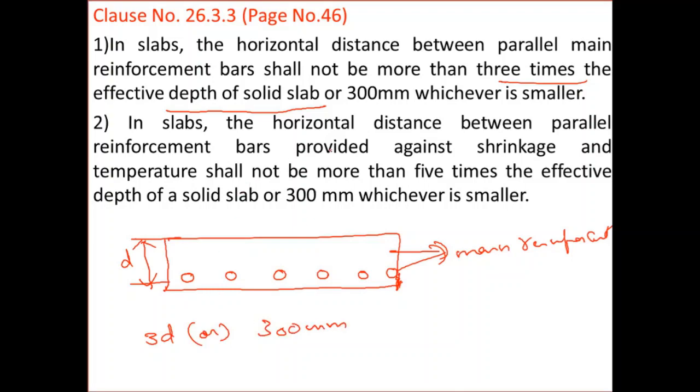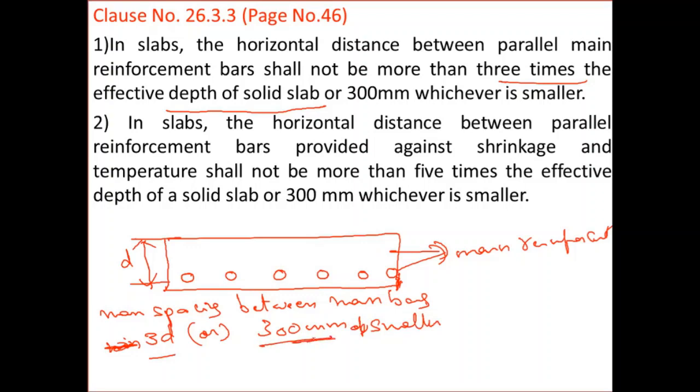So the maximum spacing between main bars should be the minimum of 3D or 300 mm.